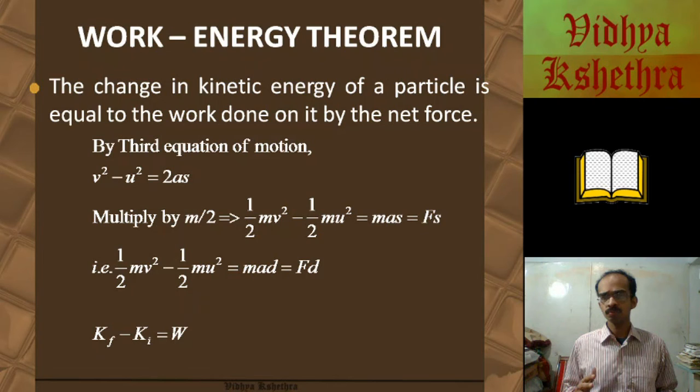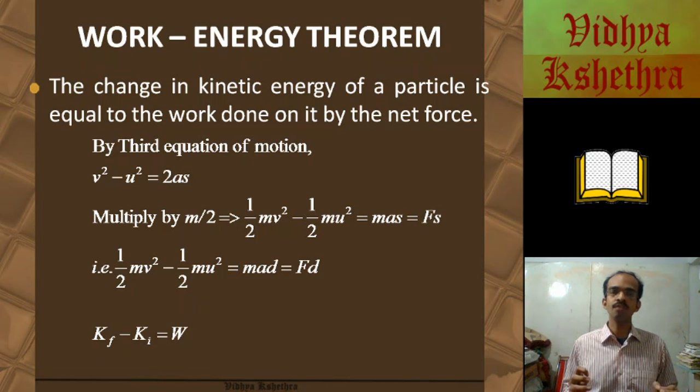Now if we replace S by d, as we have seen in the definition of work, displacement is given by d. We get half mv square minus half mu square is equal to mad is equal to F.d, and F dot d is equal to work done, that is W. Hence, the work energy theorem is proved.